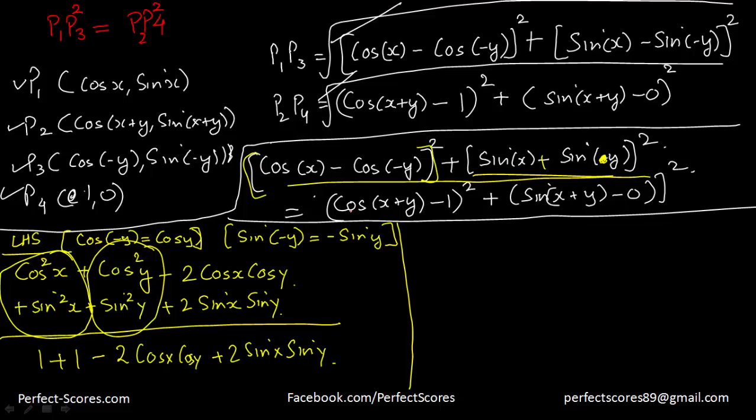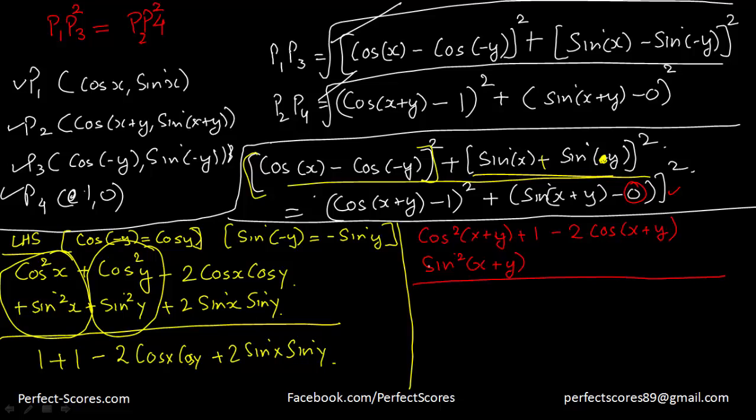Now if we see the right hand side, if you open this up, this is going to be a square, which is cos square of x plus y, plus b square, which is 1, minus 2ab, which is minus 2 times cos of x plus y. And if I open this up, this is going to be sine square of x plus y, because this is 0 here. It doesn't matter at all.